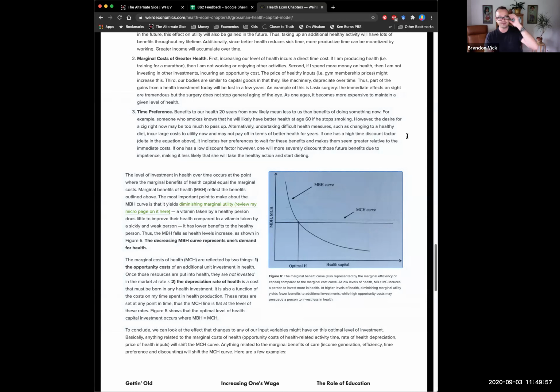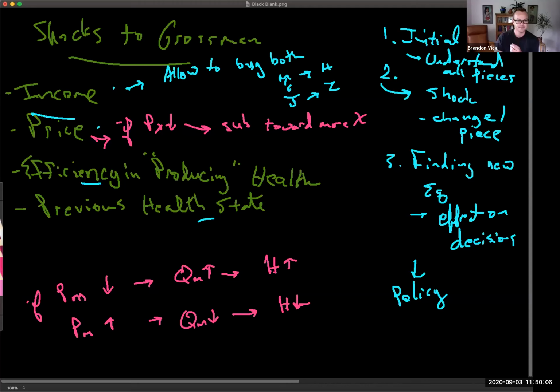All right. So finally, let's see if I can do one more shock real quick. I've touched on it already. What if there's a direct shock on this efficiency, the efficiency in producing health?